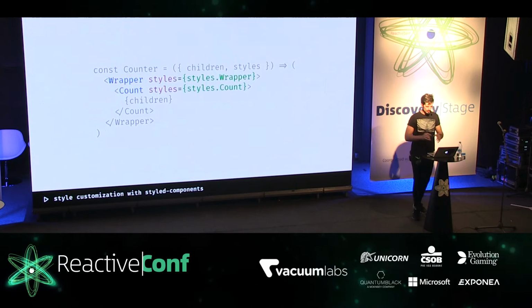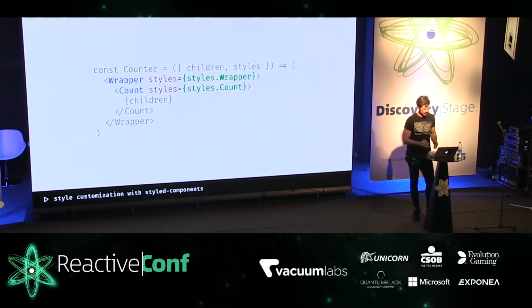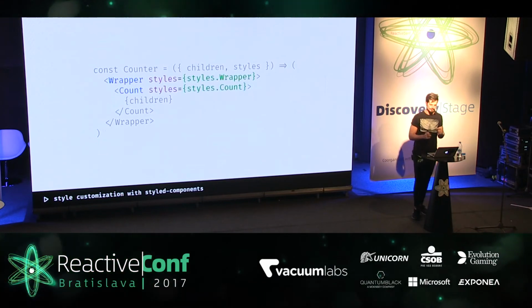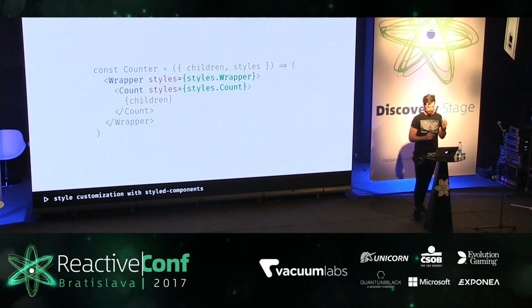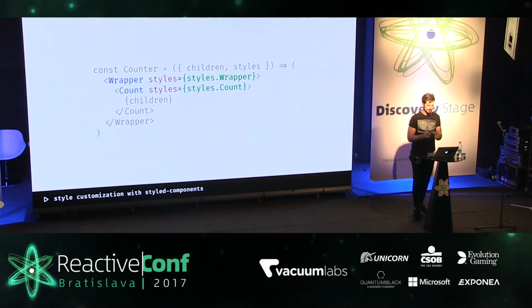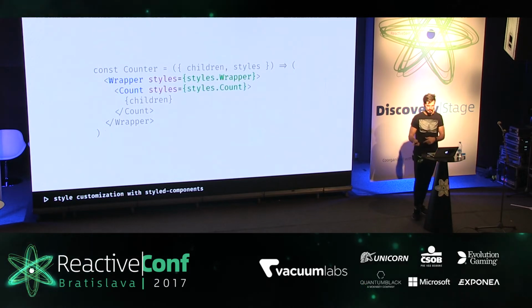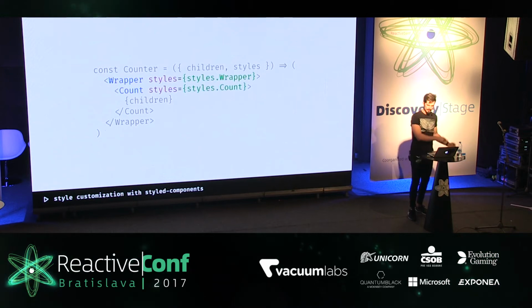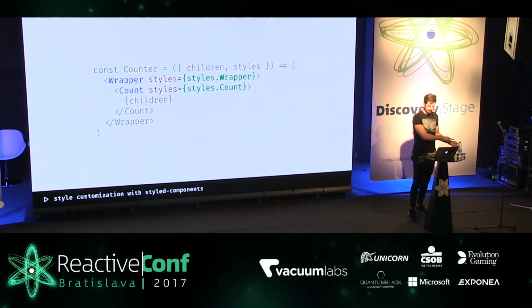So you are designing a contract here, where you are saying, my counter component is composed of wrapper and count, so you give me a styles object that uses these wrapper and count properties, so I can know what styles override you want to pass to these primitives, okay?